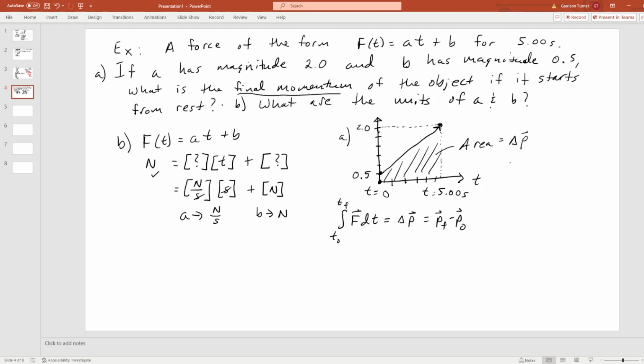But if we start from rest, then P initial is 0. And so to find P final, all I have to do is actually take this integral. So this is going to be from 0 to 5 of 2t plus 0.5.